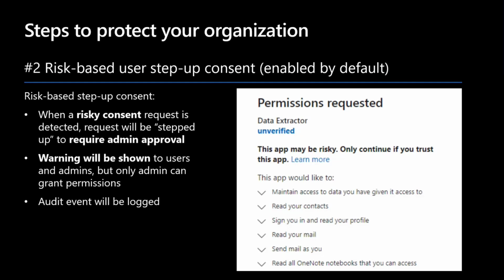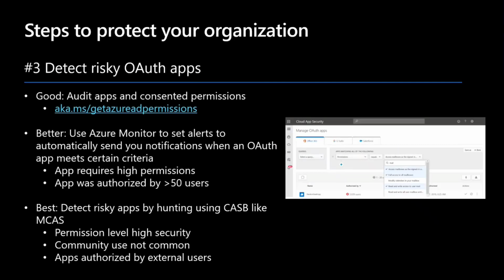So it'll require that admin approval instead of just allowing that user to approve, even if on the previous slide where I showed you, they are allowed to do so. So the warning will be shown to users and admins, but again, only that admin can actually grant it. And then audit events are going to be logged. So I believe somebody in the chat also asked about, hey, is this able to be viewed? Who consented to what at what time? And yes, that is available. So you can go back and look at all of that information if something were to happen.